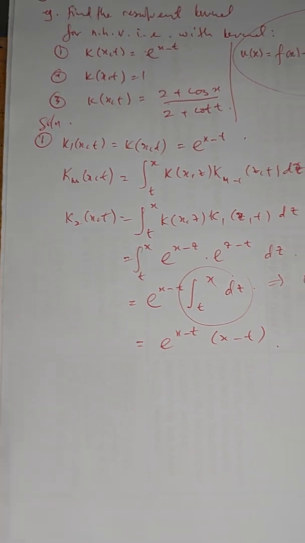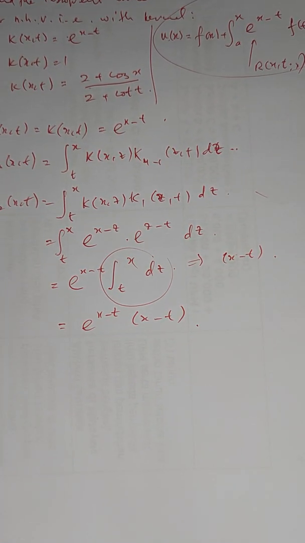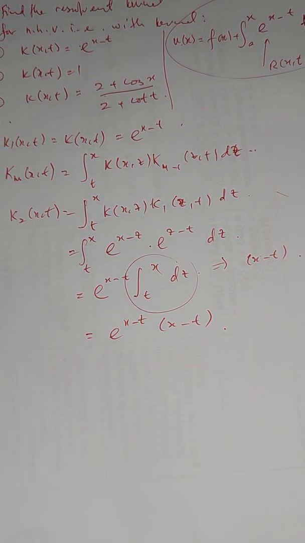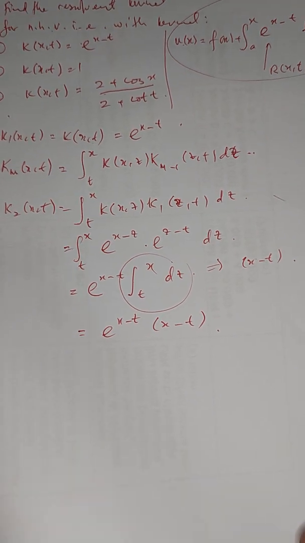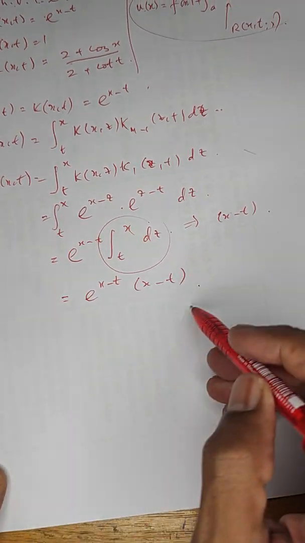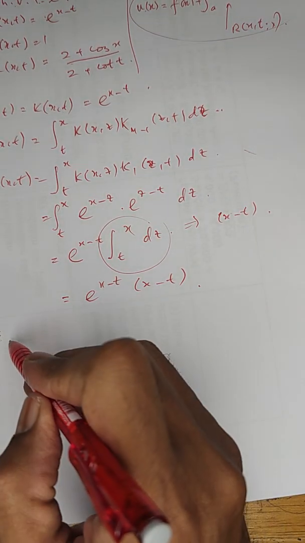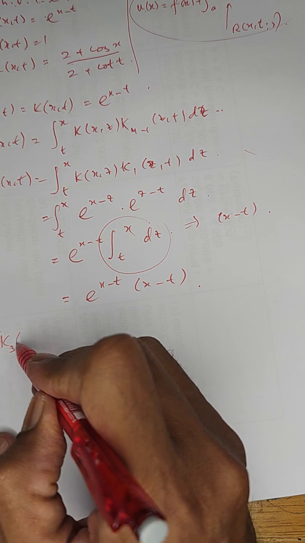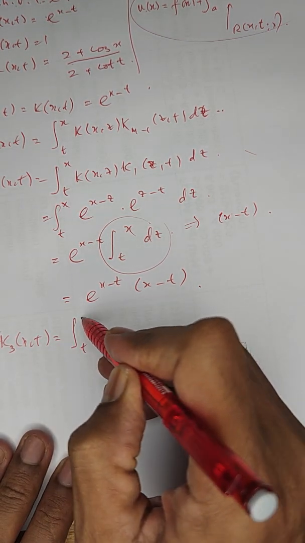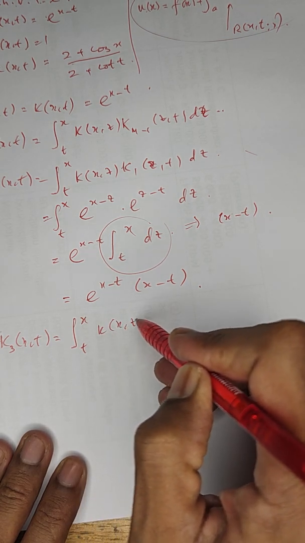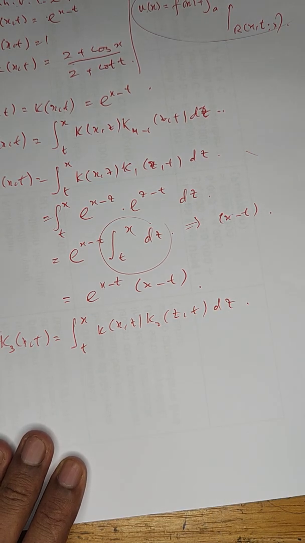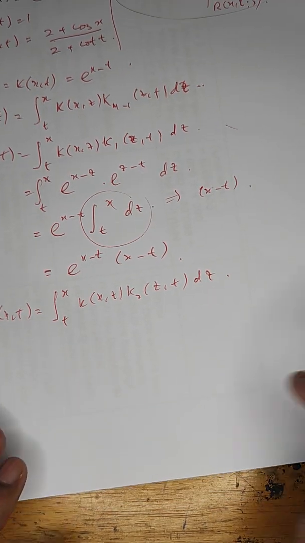Alright, and then from K2 we can find K3. K3 using this formula: K3(x,t) is the integral from t to x of k(x,z) K2(z,t) dz. The general formula is like that.